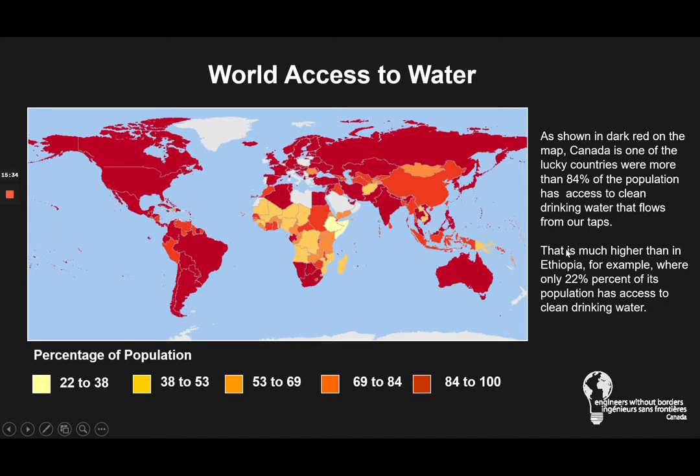As we look at the entire world, this map shows how much access to water people on Earth are actually able to get. What we're looking at are the lighter areas.